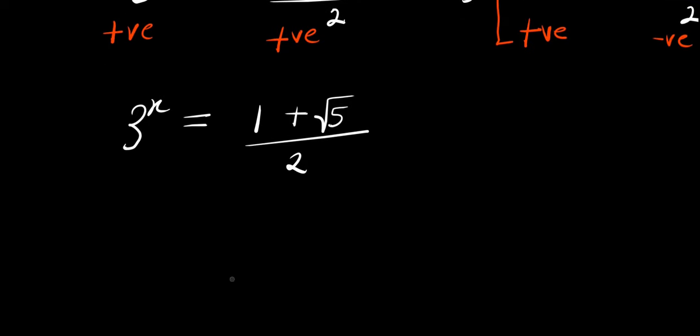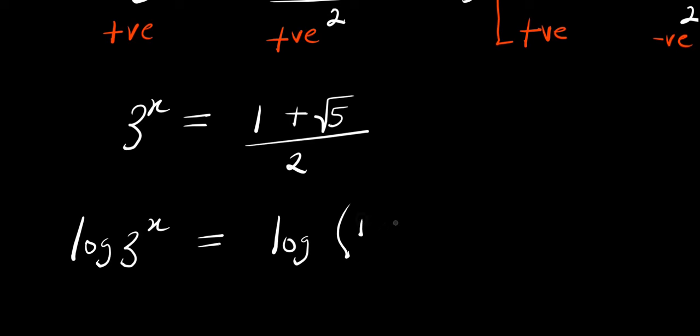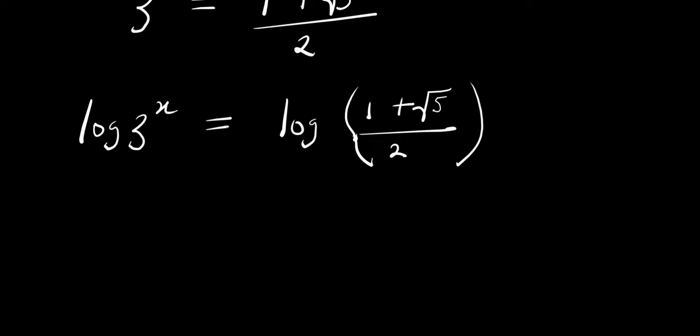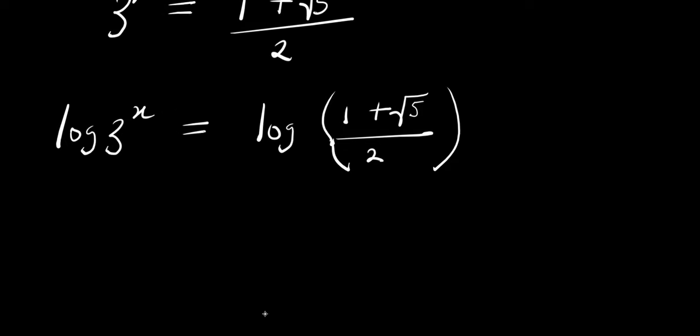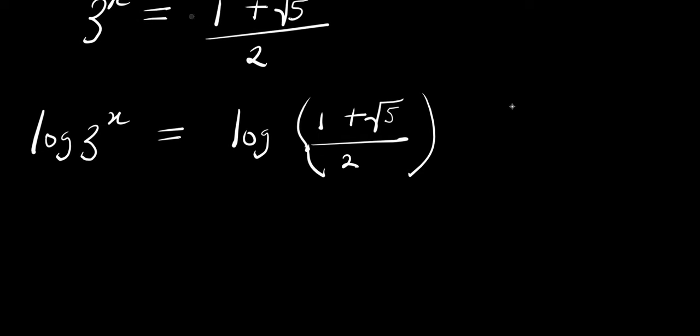Right here, I can make use of log. Log of 3 power x equals log of 1 plus root 5 divided by 2. Now, let's consider this logarithm property. If you have log a power p, it equals p times log a.